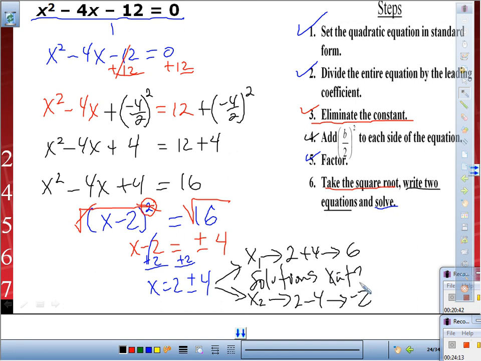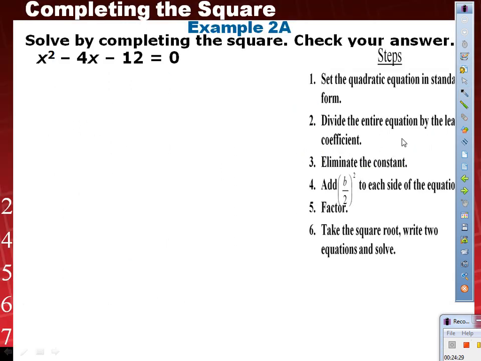X-intercept, 0, and root. Hands if you got that. Okay, good. And we know how to check, yes? We know how to graph. Last one. Copy this. Example 3. X squared minus 4x minus 6 equals 0.